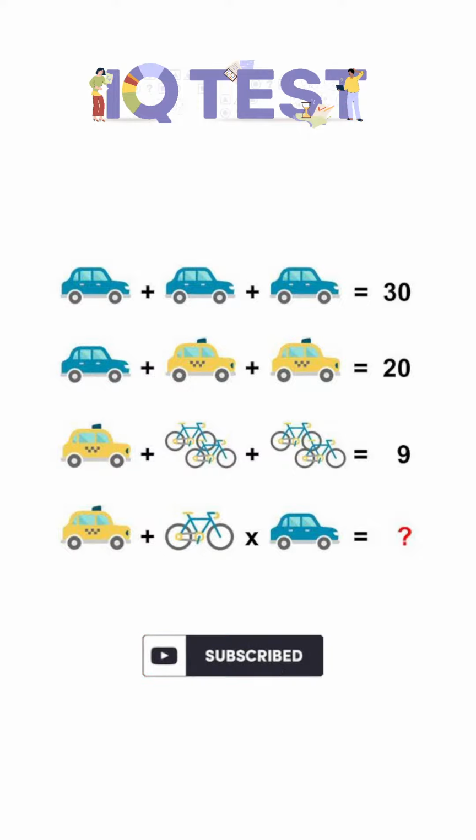Okay, the blue car is 10. I agree. Okay, the yellow vehicle is 5. I agree. What of the bicycle? What are you getting for the bicycle?